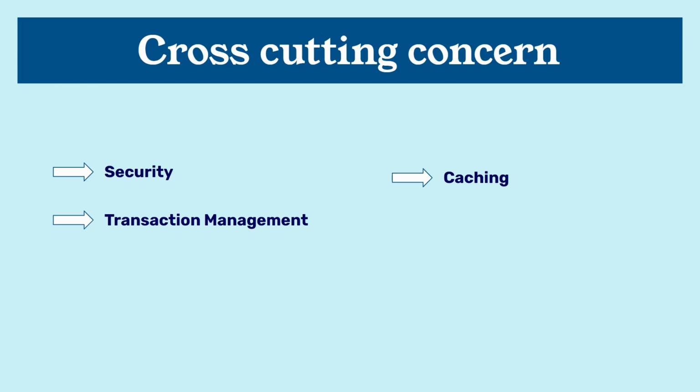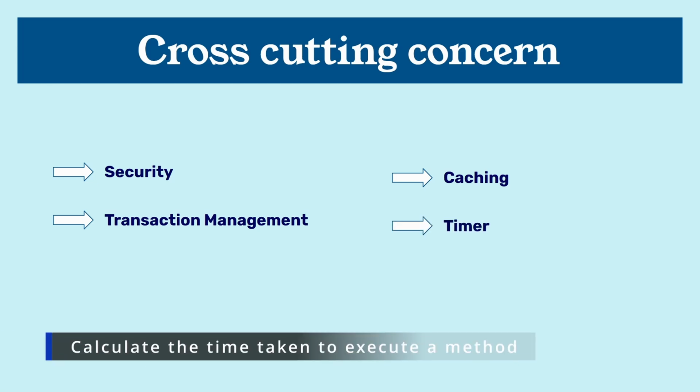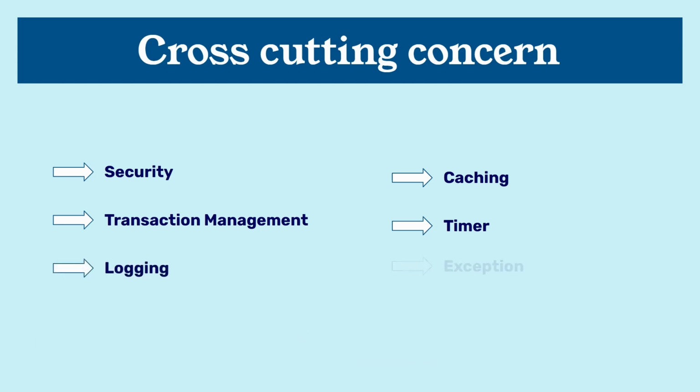Whenever we have methods which need to be transaction safe, we need transaction management. This is also handled in most of the frameworks internally. So basically, these are all handled using interceptors. And the timer, if you want to calculate the execution time of a specific method, logging, and exception handling. These are some of the cross-cutting concerns, and we have several others as well.